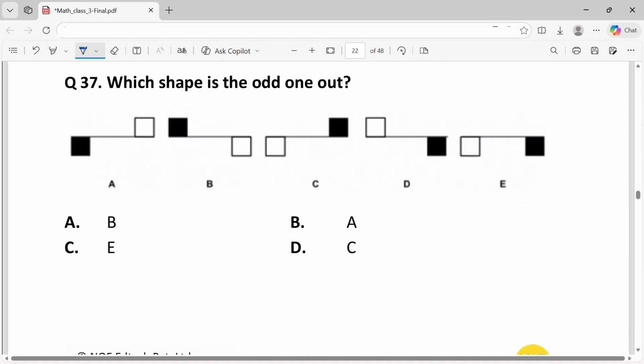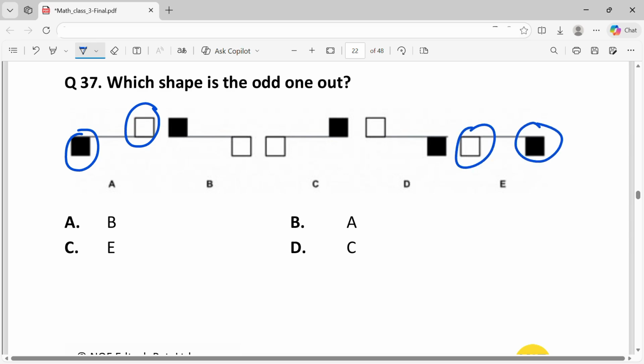Question 37. Which shape is odd one out? Comparing A, B, C, D, and E, we can see that all A, B, C, and D have black square on one side and white on the opposite side, while E has both on the same side.